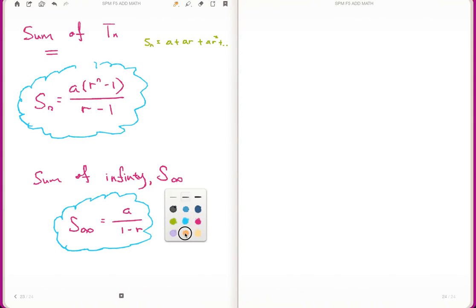The reason it reduces to this simple form is that as your n goes towards infinity, a very huge number, and your r is less than 1, a decimal, r to the power n approaches 0. So the term inside here becomes 0, and it is left with only A.